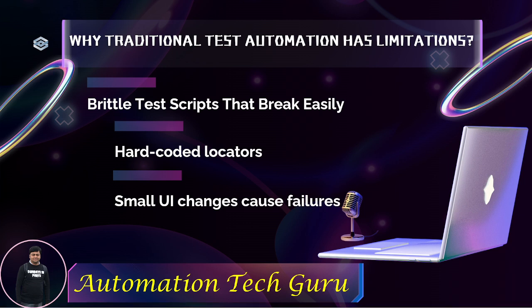Next is brittle test scripts that break easily, because of hard-coded locators. Traditional automation tools rely on fixed locators, XPath or CSS selectors. Those are basically dynamic or hard-coded locators. Small UI changes cause failures. Even a minor UI tweak breaks the script, leading to flaky tests.